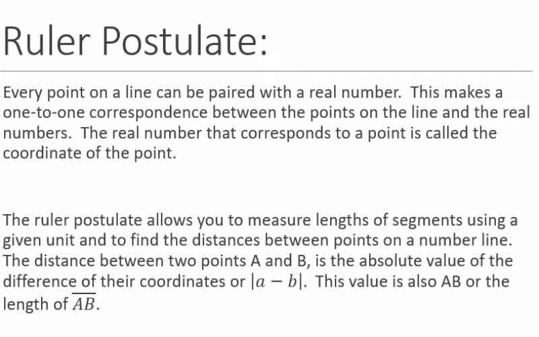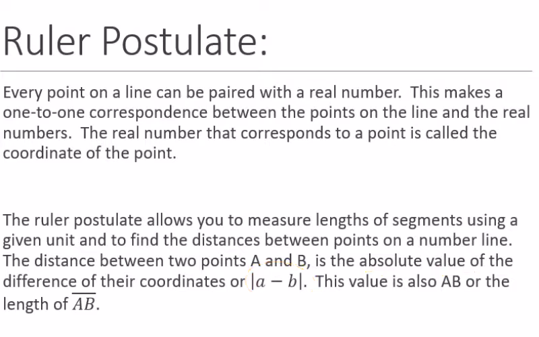And the way that we measure the length is to find the absolute value of the difference of those 2 points, those 2 real numbers that are assigned to those points. Okay, so we can also call this AB.